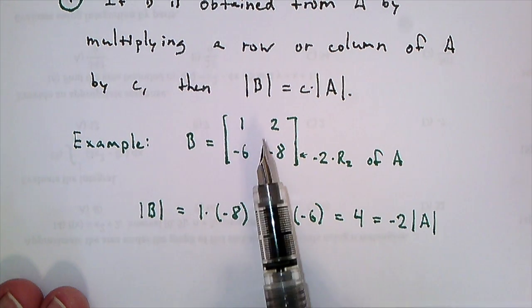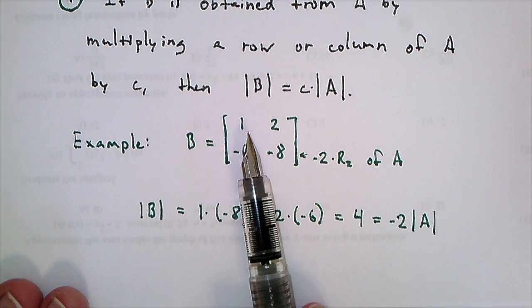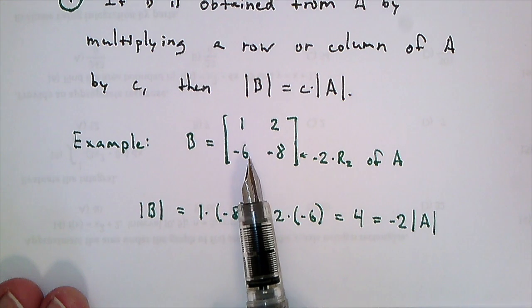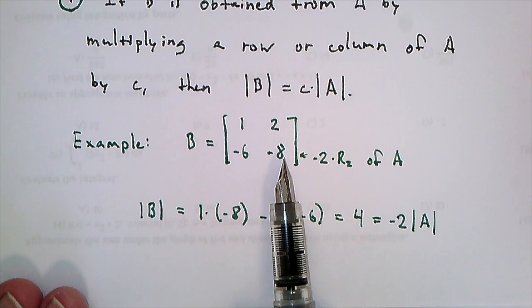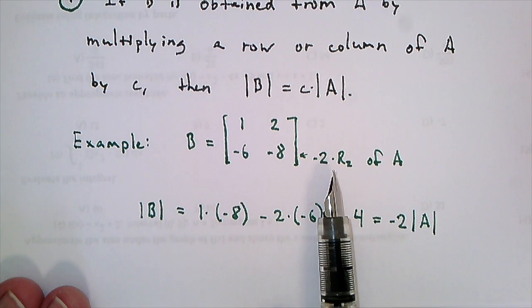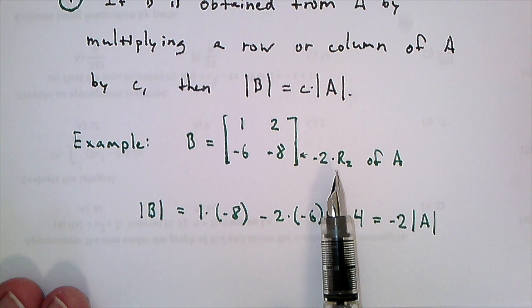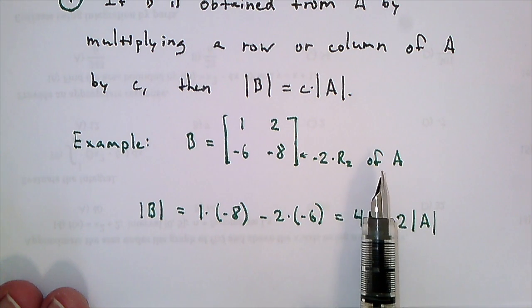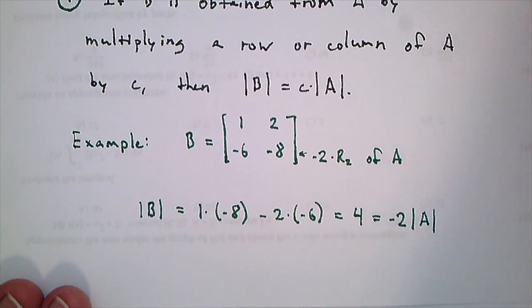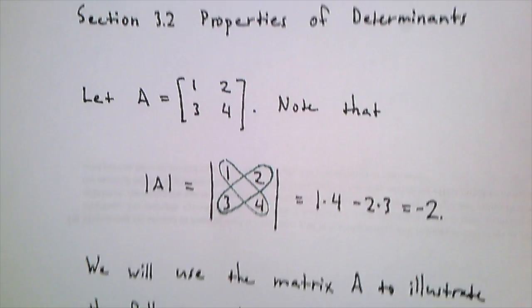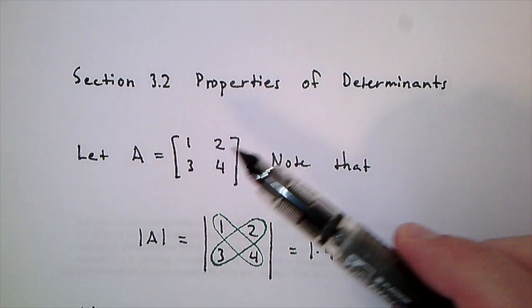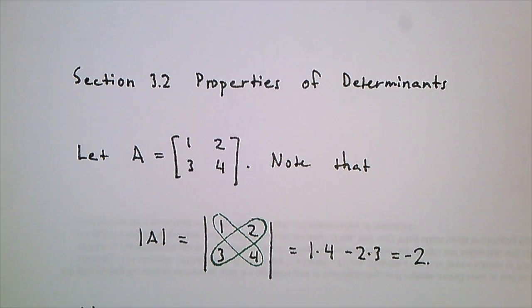So here's my new matrix, B. It has 1, 2 on the first row and minus 6, minus 8 on the second row. And the thing to keep in mind here is that this is just minus 2 times the second row of A. In case you forgot, our original matrix A is here, 1, 2, 3, 4.